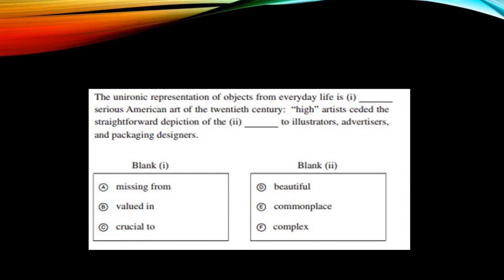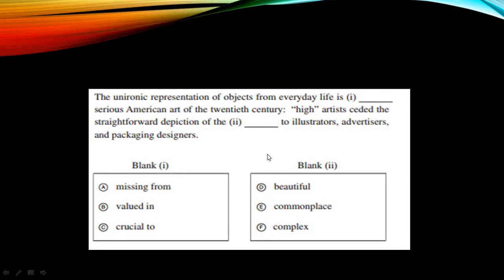That is, your answer could be found in the text, not in the answer choices. Number one, find your answer in the text, not in the answer choices. Number two, recycle. Now you can see I have found my answer in the text. For the second blank, the answer would be objects from everyday life. Now when I recycle this, I'll find my answer choice.